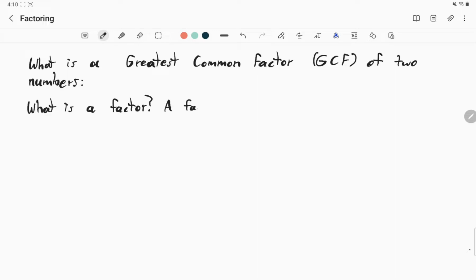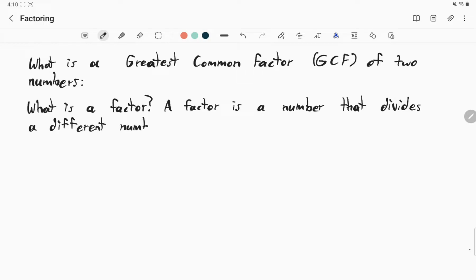A factor is a number that divides another number, a different number. This is just an informal definition. The formal definition would be A is a factor of B if A divides B.